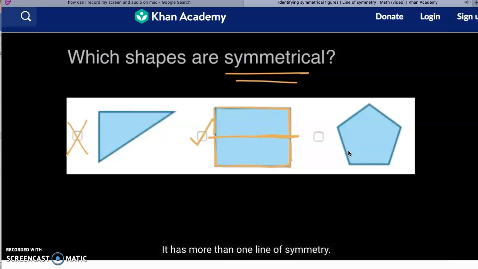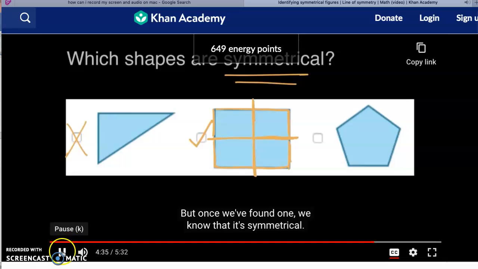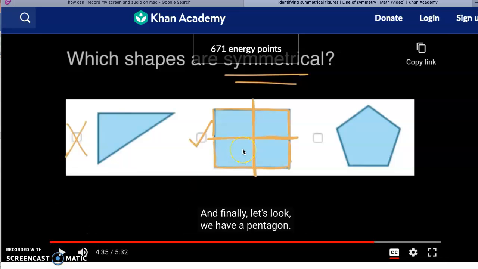It has more than one line of symmetry. It has another one in the middle right here. But once we found one, we know that it's symmetrical. And finally, this is something I want to focus on quickly: a shape can have more than one line of symmetry.